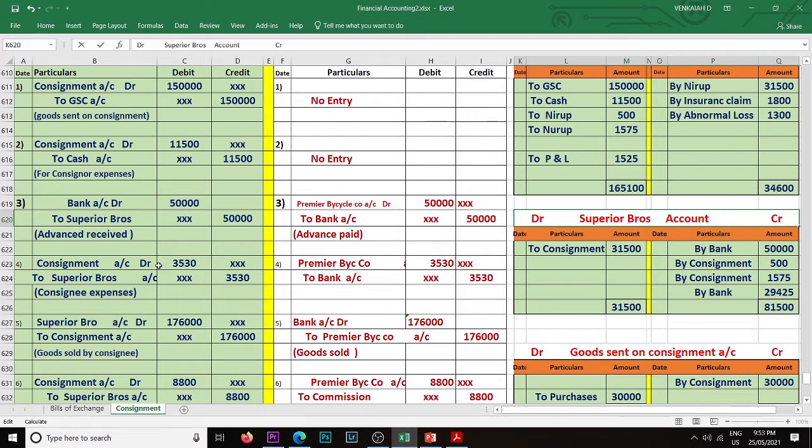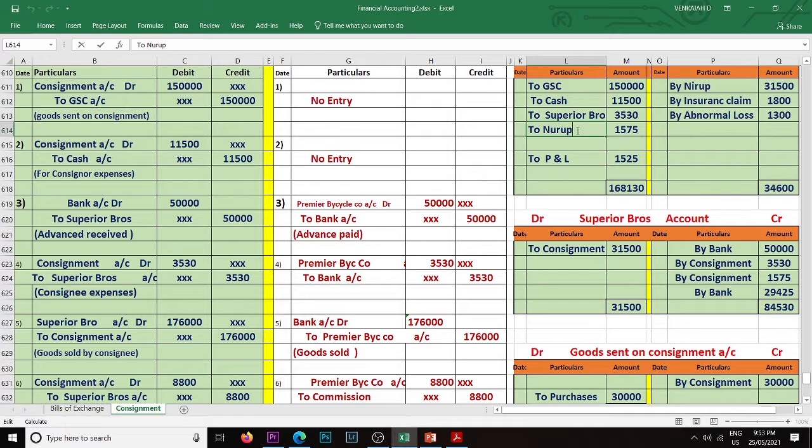Right, next fourth journal entry, consignment account related to Superior Brothers, consignee expenses amount is 3,530. And in Superior Brothers by consignment 3,530.